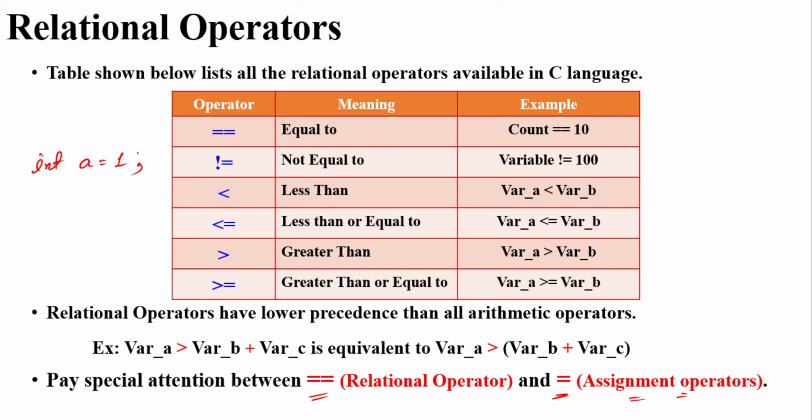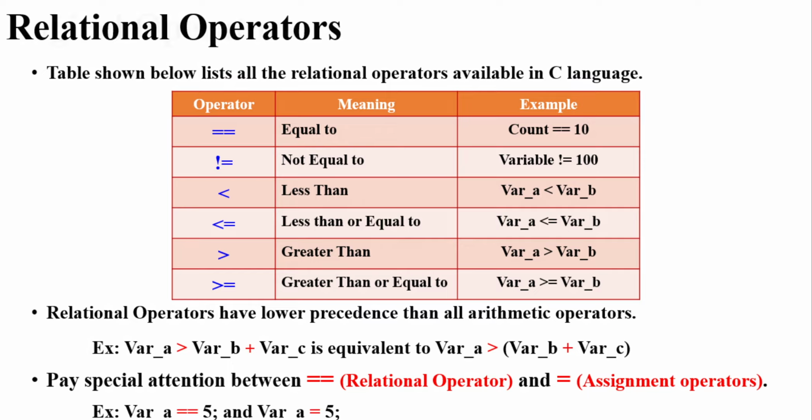Here we have only one equal to sign, so the value 1 will be assigned to a. This is not a relational operator, this is an assignment operator. So please be careful when you are using relational operators and assignment operators. For that, I recommend you practice a few programs beforehand.